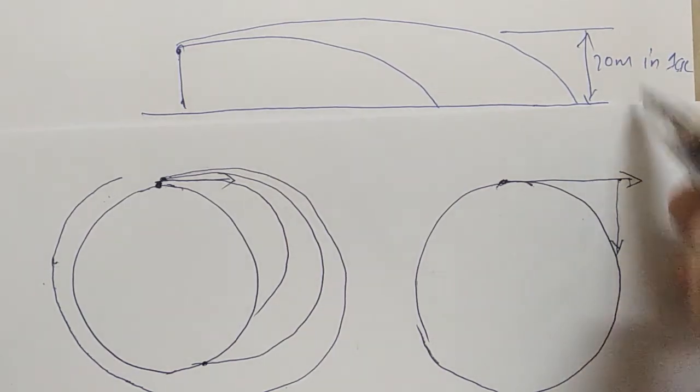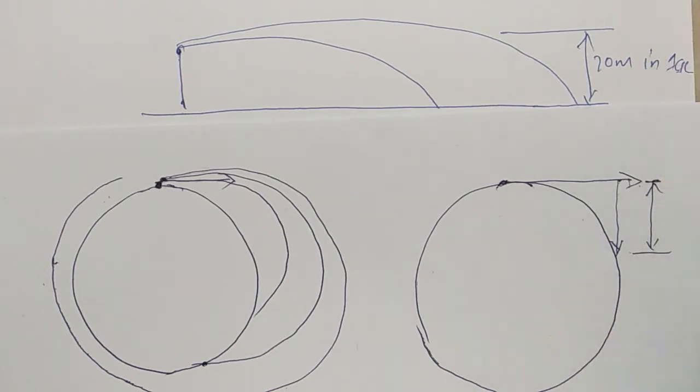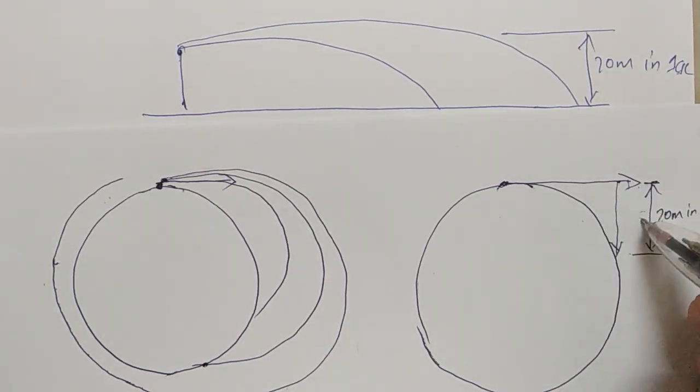Now we have already discussed that the ball is falling on the earth at 20 meters in 1 second.